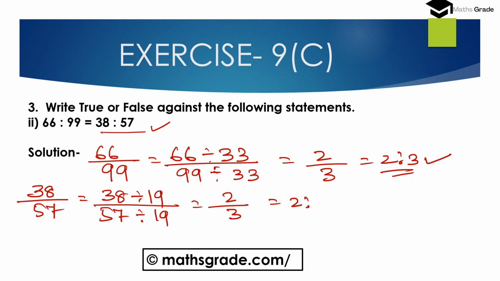That is 2:3. Now both the ratios are equal, that is 2:3. So this is true. So this statement, that is 66:99 is equal to 38:57 is true.